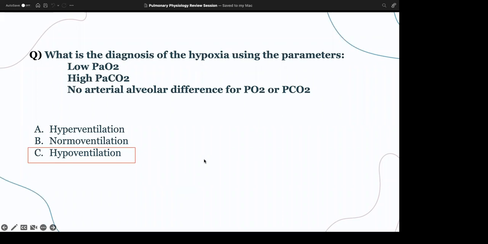It's going to be a right shift, because we have more carbon dioxide, which decreases the affinity for oxygen, and we're also producing a lot of hydrogen, which changes the conformation of the globin, or of the heme, for the oxygen too. So we have two things that affect the affinity. So right shift. Okay, perfect.